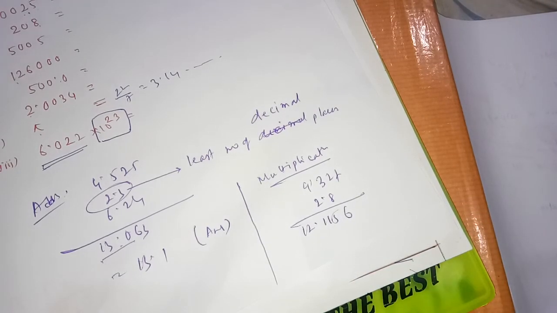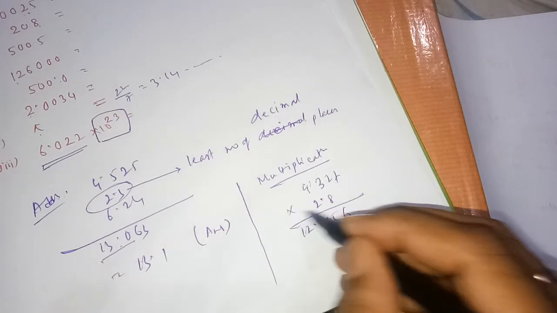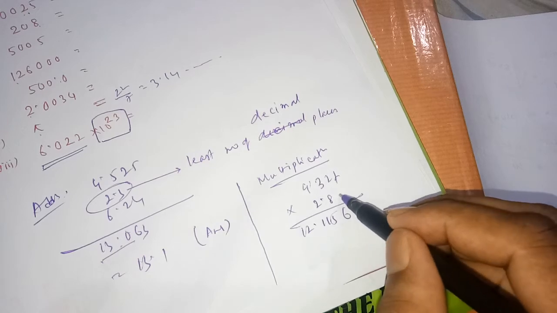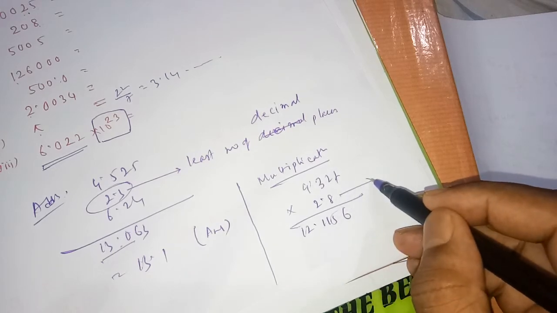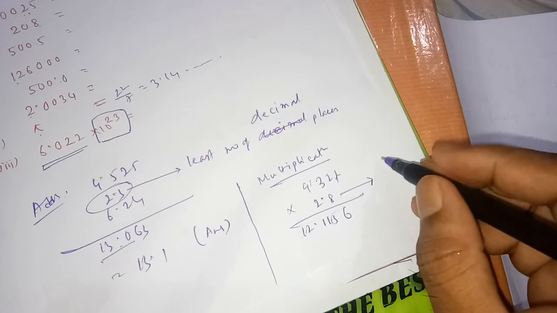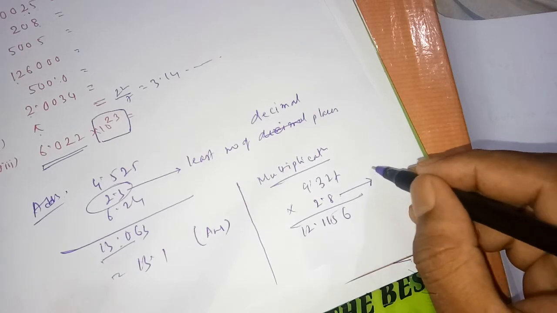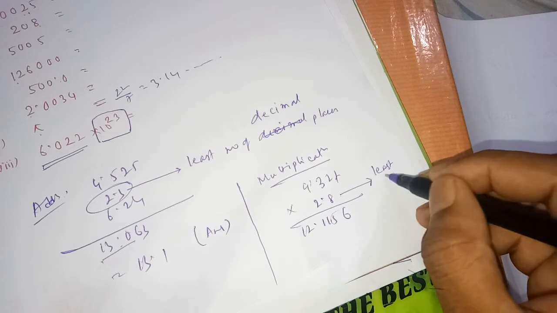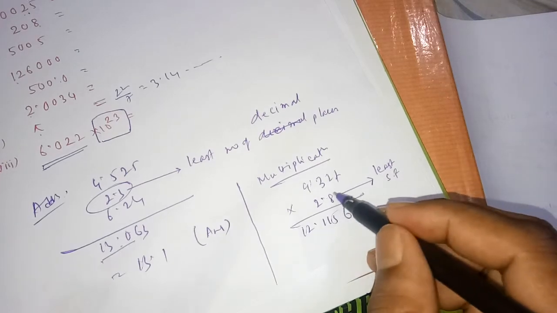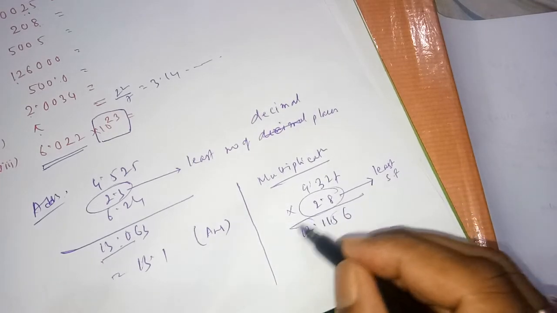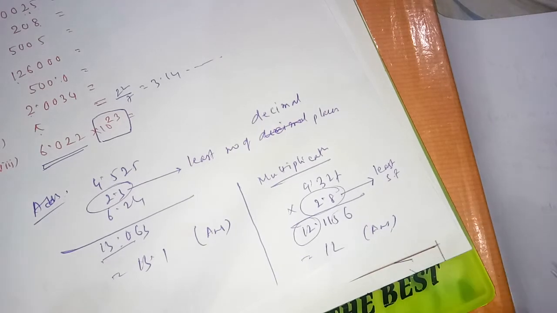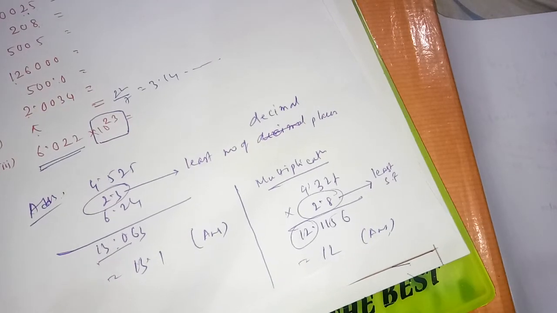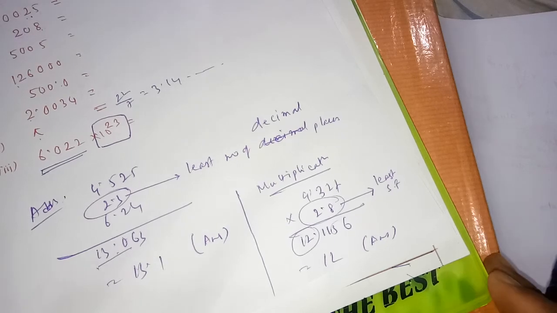So in that case, in multiplication you have to go for the least number of significant figures. The least is 2 significant figures, so you take 2 significant figures. Your answer is 12. So these are some points.